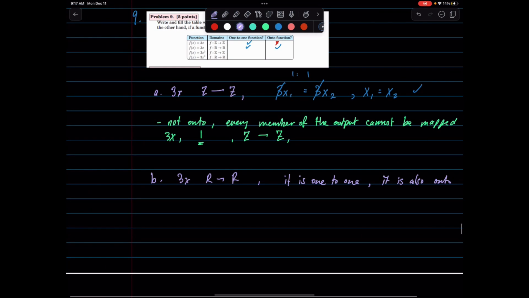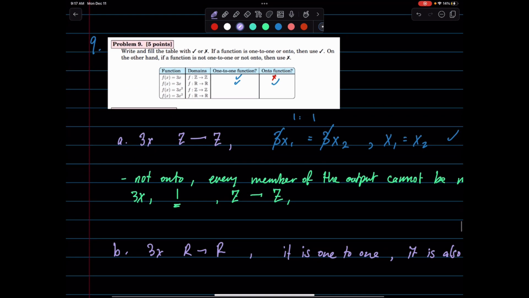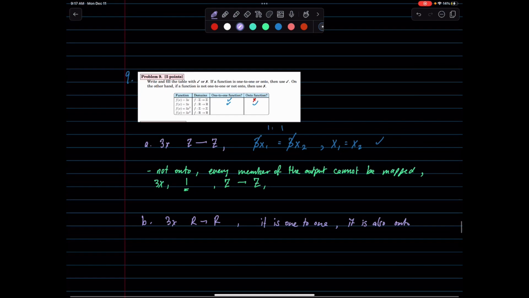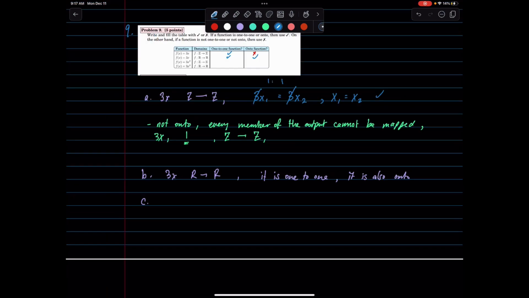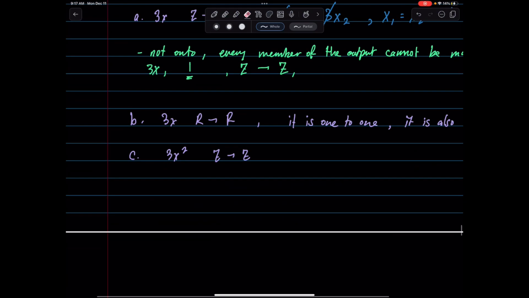This one says you don't need to give an explanation, so you just gotta say it. So this is 3x squared, instead of integers to integers. So if we do something like this to show that it's one-to-one.